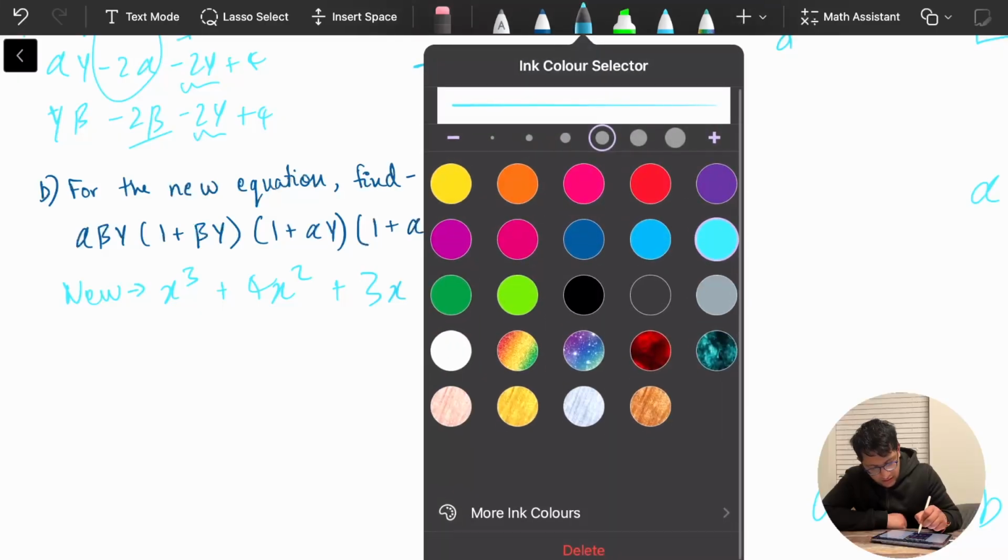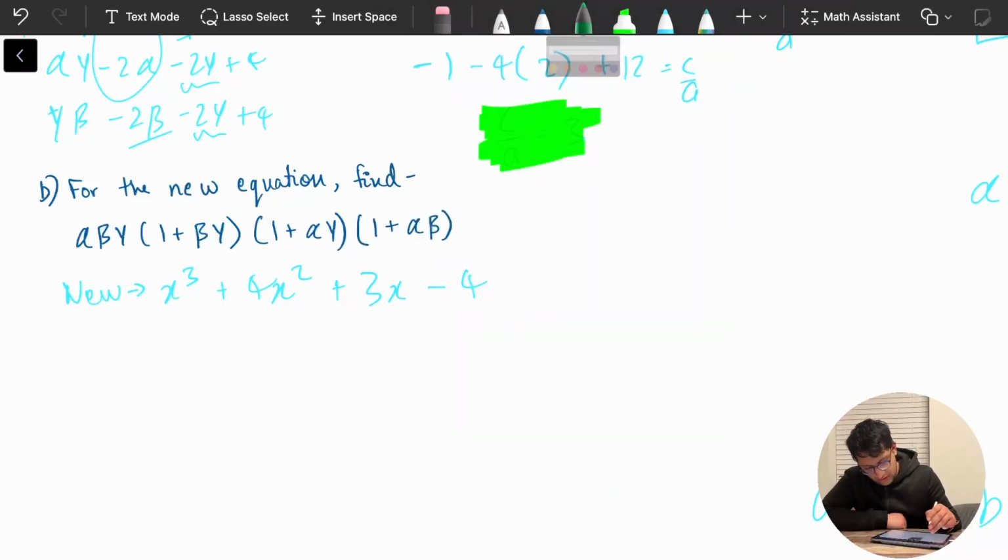So let me choose another color to make it very distinct again. Let's go with green, actually, for this. So this is looking like alpha, beta, gamma, right? And then let's expand out these two brackets first, okay?